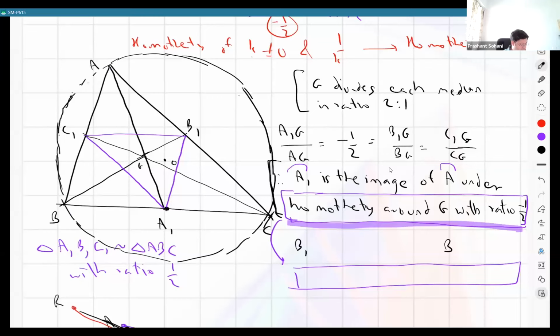So if this is the circumcircle, under the same homothety, you see the circumcircle of ABC will become the circumcircle of A1 B1 C1. So if I draw the circumcircle of A1 B1 C1, maybe something like this.